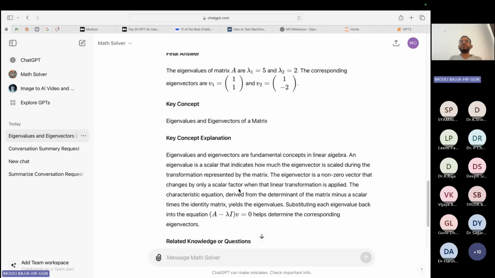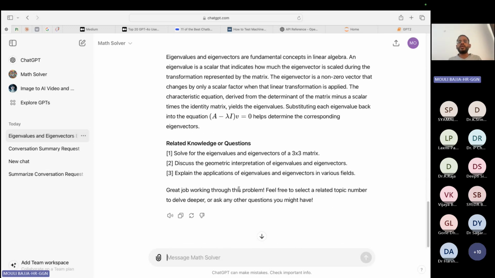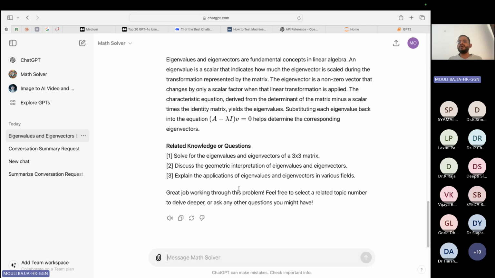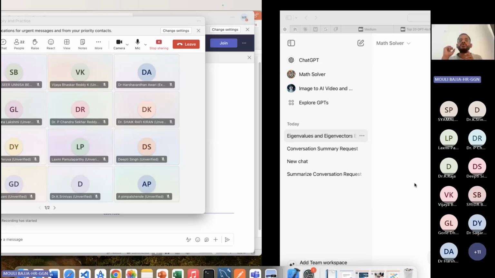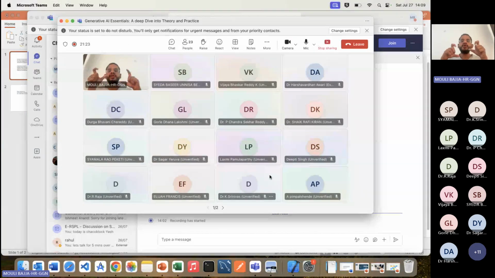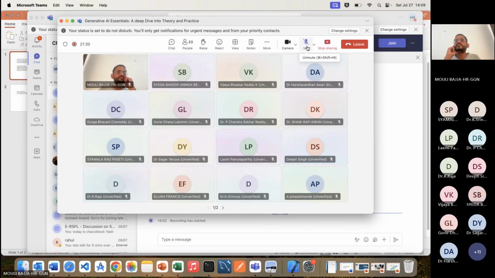And there is an explanation provided on the key concept and how it is responded. I just want to ask this question. Has this clarified that it can solve complex mathematical equations? Yeah, okay, sir. Thank you. Okay, so that's one example.